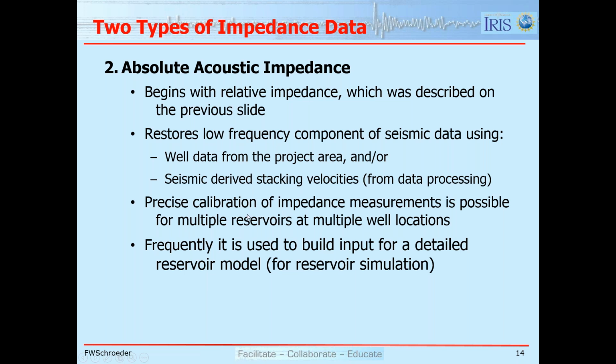We can do a precise calibration of impedance measurements from multiple reservoirs at multiple well locations, given enough well control. And frequently, the absolute impedance is used to build input for detailed reservoir models, such as the models that we need to do a reservoir simulation.